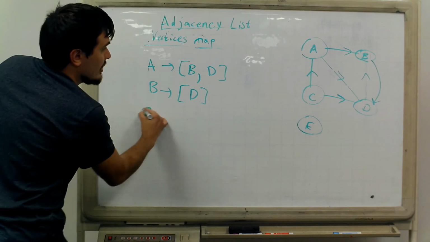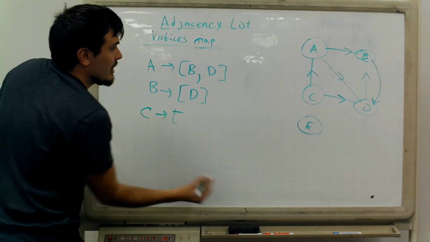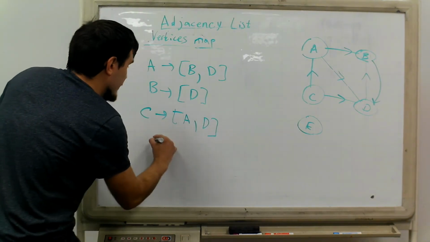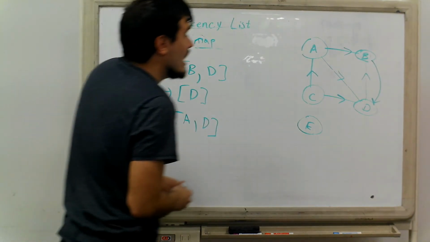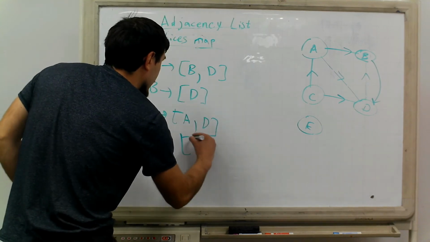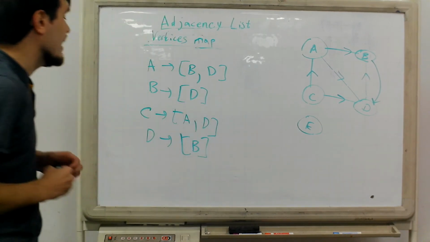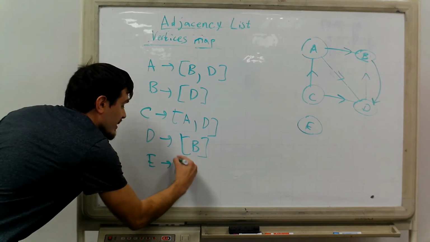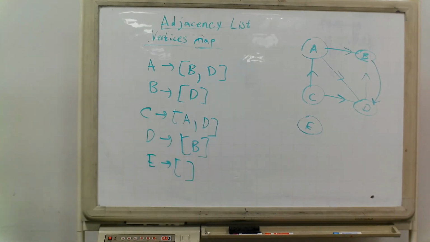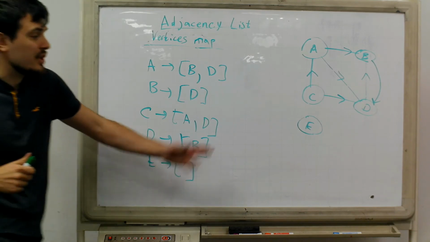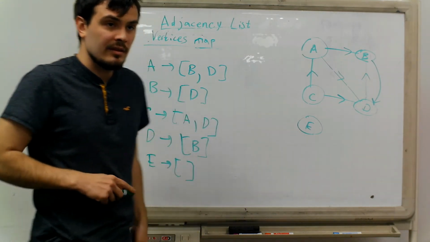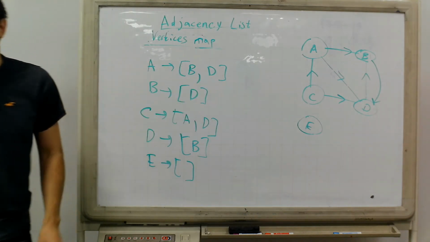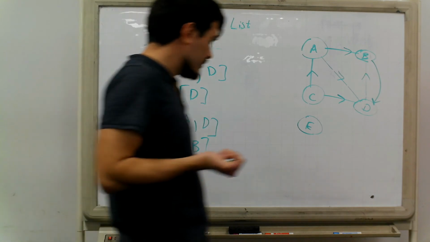Okay, well, you probably don't need me to complete all these details, but just in case, like here you have A and D, and then for D, you would have just B. So, if I didn't mess up this example on the whiteboard by missing something, this would be the adjacency list for this graph. E has an empty adjacency list because E is all by itself. So for a directed graph, you just put in the edges that are actually in the correct direction, that's all.